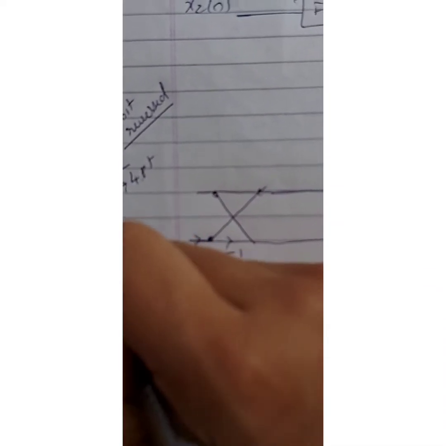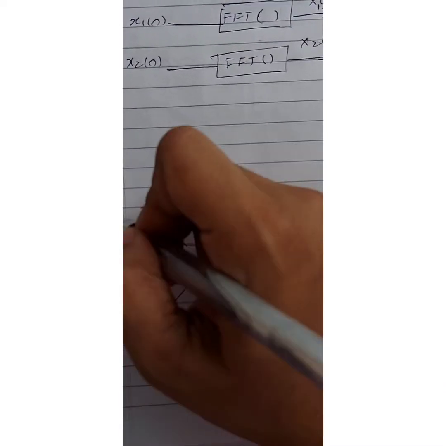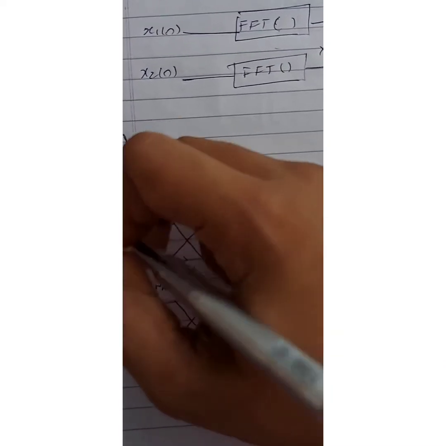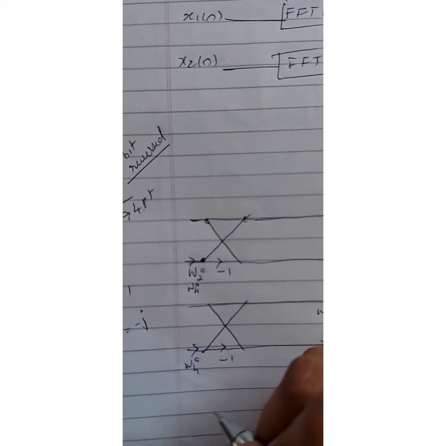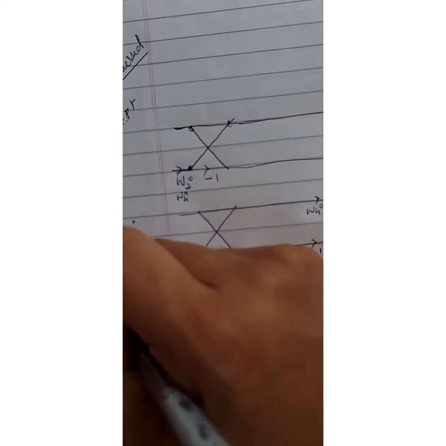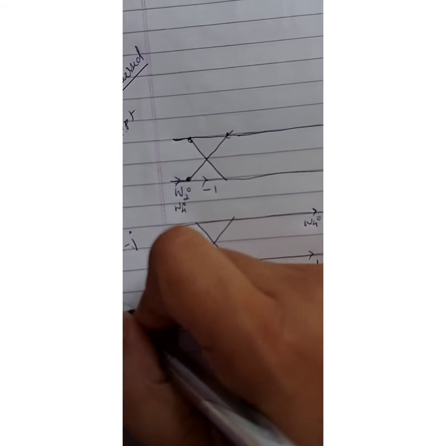W4 raised to 0 is 1. This is -j. So you have -j here. Okay, this is your structure. The inputs are in the bit reversed order. If you have a doubt, you can write it on the side: 00, 01, 10, 11, right? These are the values. So you read it in the bit reversed order.